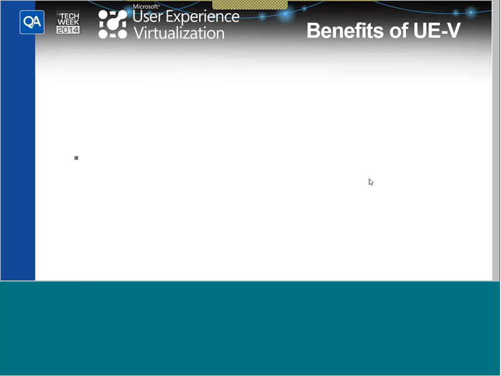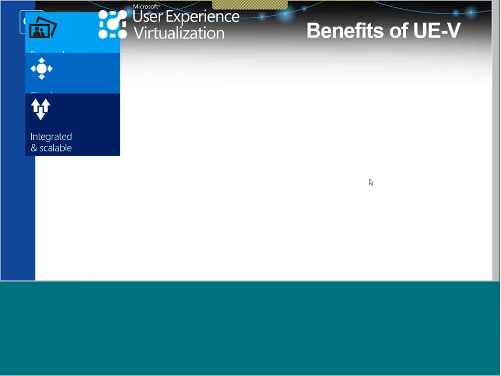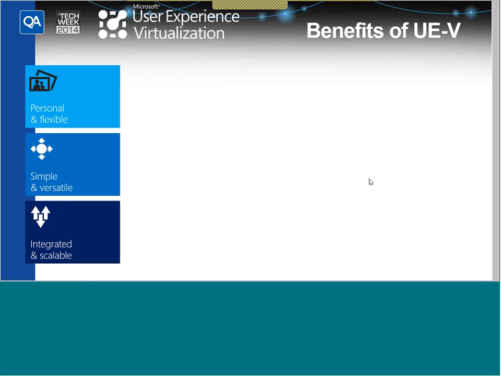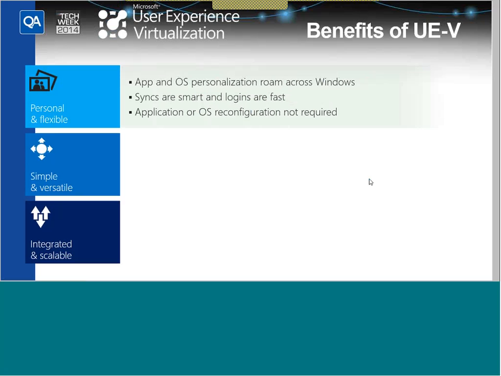So what we're going to look at next is some of the benefits of using user environment virtualization. Microsoft have written this product with the goals to make it very personal and flexible. What we're looking at here is the ability to choose which particular settings we want to roam between our operating systems and our applications.